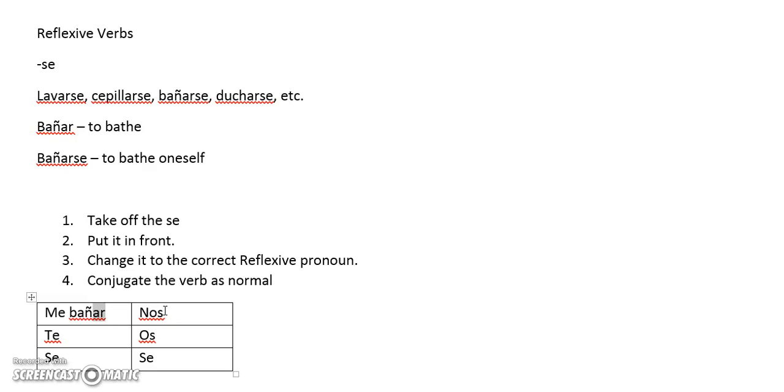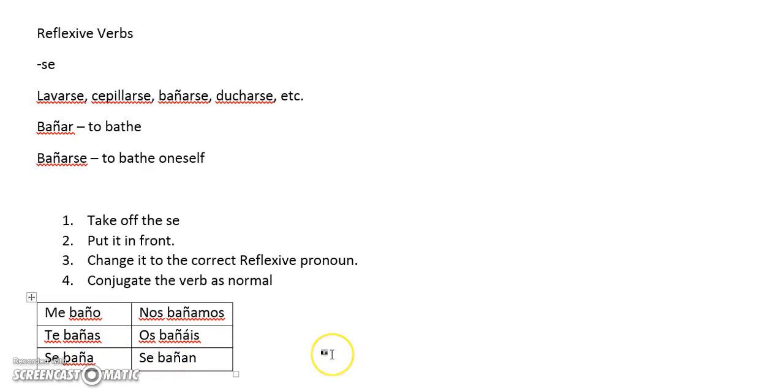Take off the AR, the subject is yo, so you change it to an O. Bañas, baña, bañamos, bañáis, bañan. So now that says I bathe myself, you bathe yourself, he bathes himself, we bathe ourselves, you guys in Spain bathe yourself, they bathe themselves.